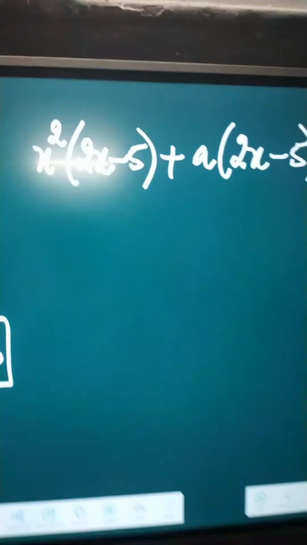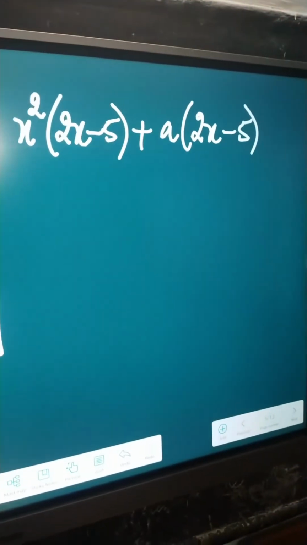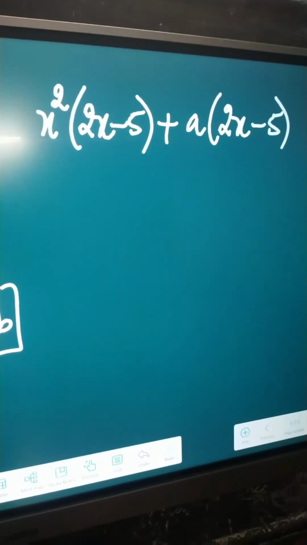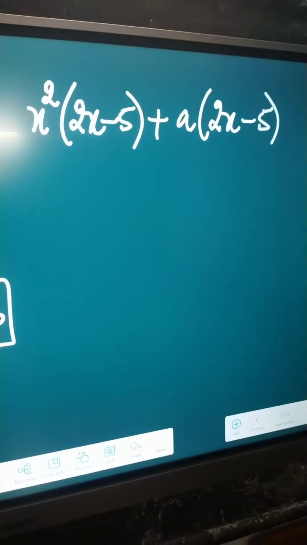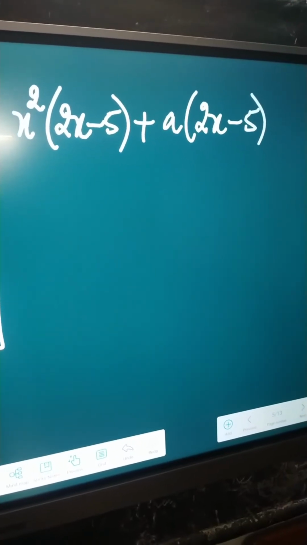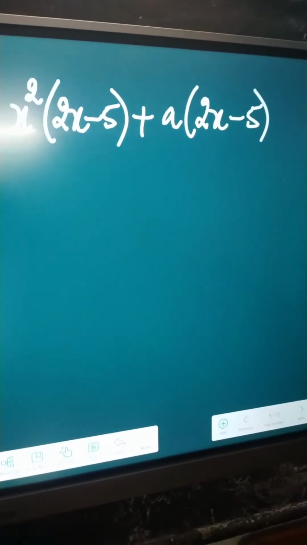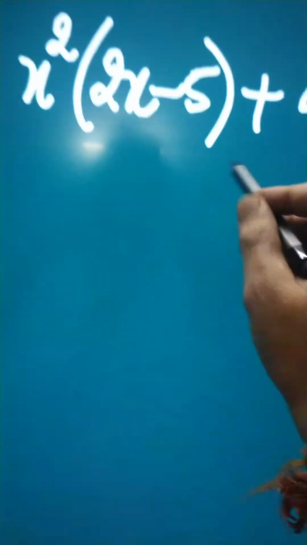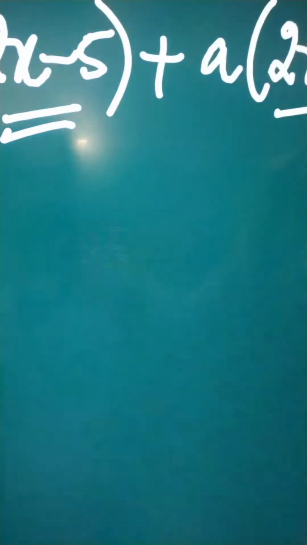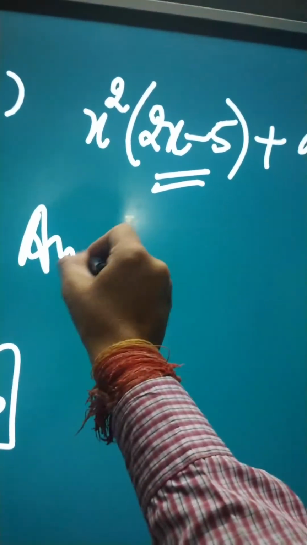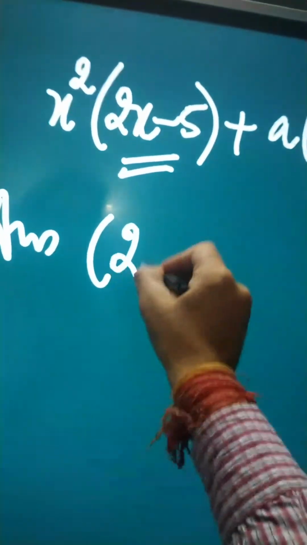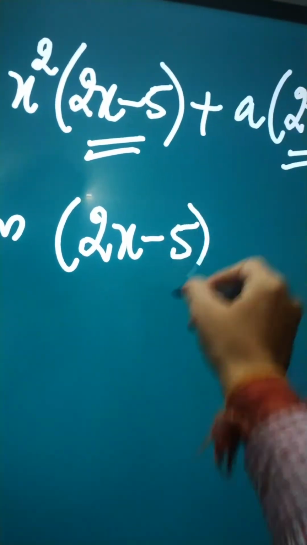Now see, in this question, something is same. X square bracket 2x minus 5 plus a into 2x minus 5. So we have done this group common. This bracket is the same. Therefore, I will write the answer directly. First factor is 2x minus 5.